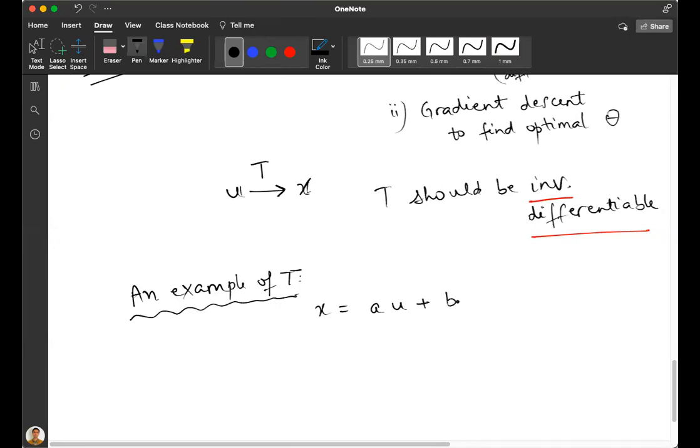And here A and B are parameters, right? So this is an invertible function, and this is also a differentiable function. If you apply this transformation, how will your P of x change? Let's say PU(u) is given to you. Now, what will be your P_X(x) in terms of PU(u)?